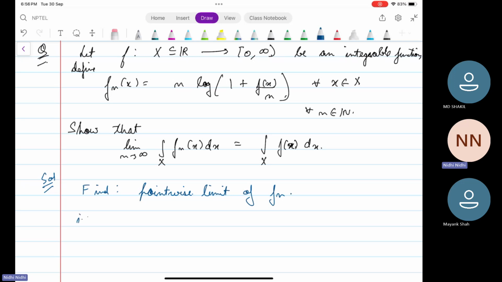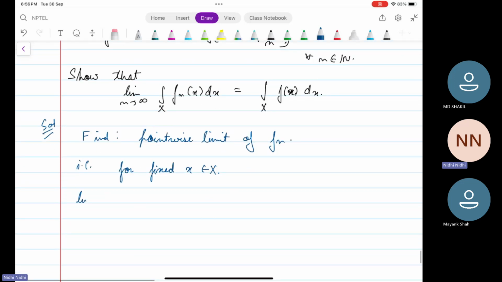That is, for fixed x in X, we need to find the limit as n tends to infinity of f_n(x).